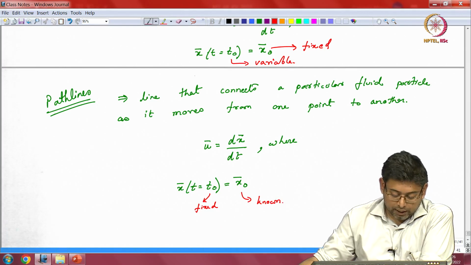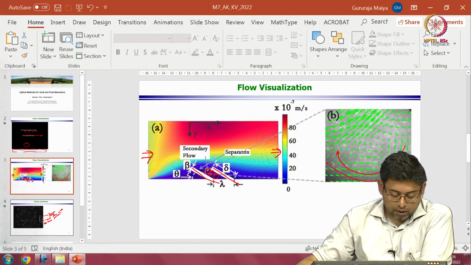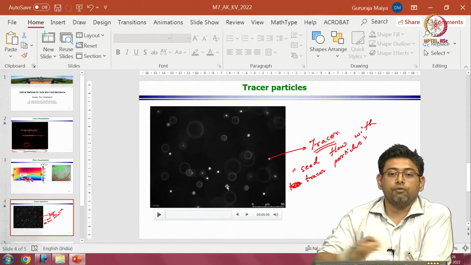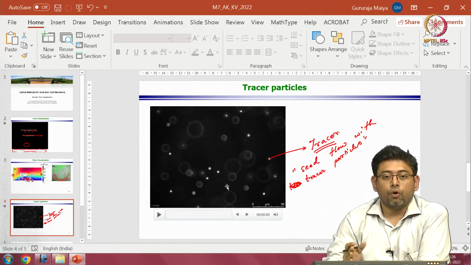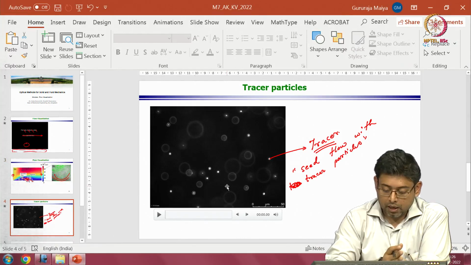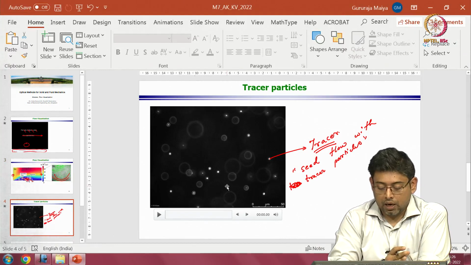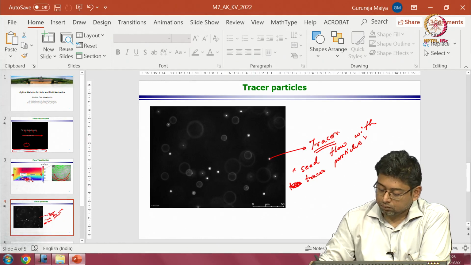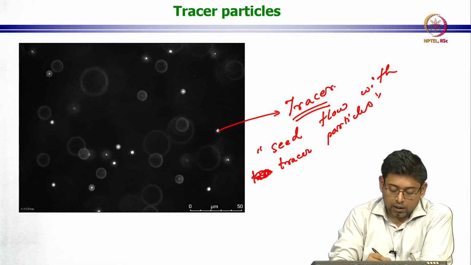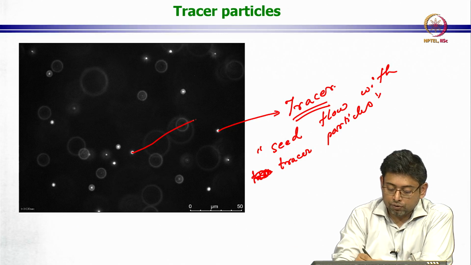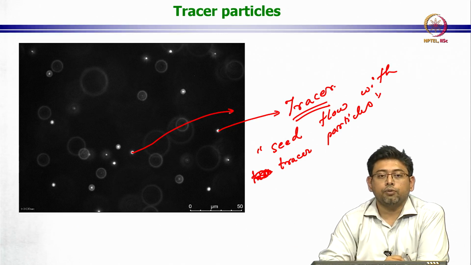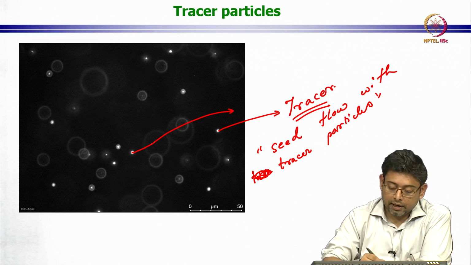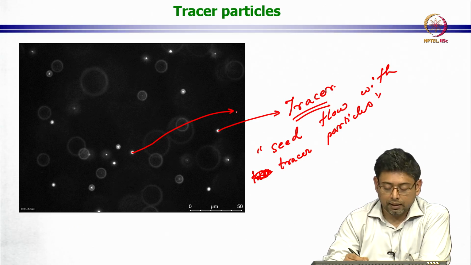If you have a condition like this, let's say you had tracer particles in a flow, and if a flow was imposed here and you took a long exposure photograph, then you would have, let's say, the particle moving like this, and you will get this entire line, which is actually the path line, right.